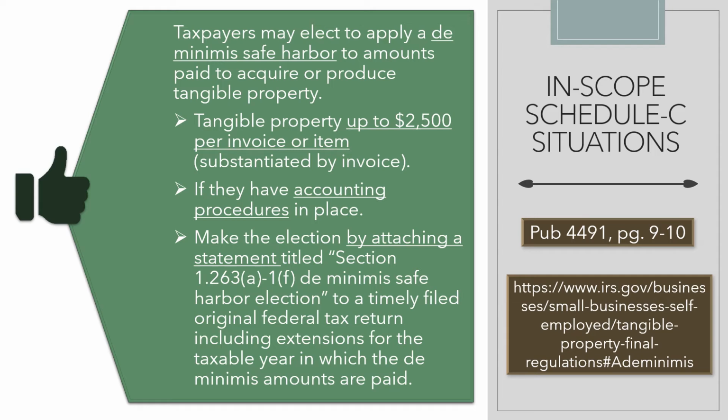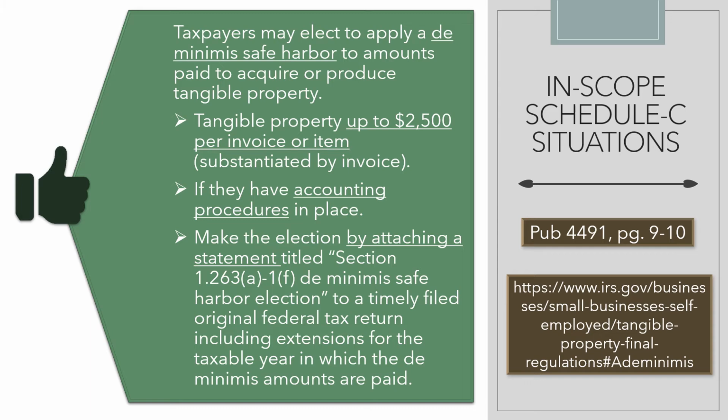And this allows our businesses, which are generally pretty small, and depreciation becomes really challenging and expensive for them to track. So if they are using this safe harbor, it's for tangible property, of course.